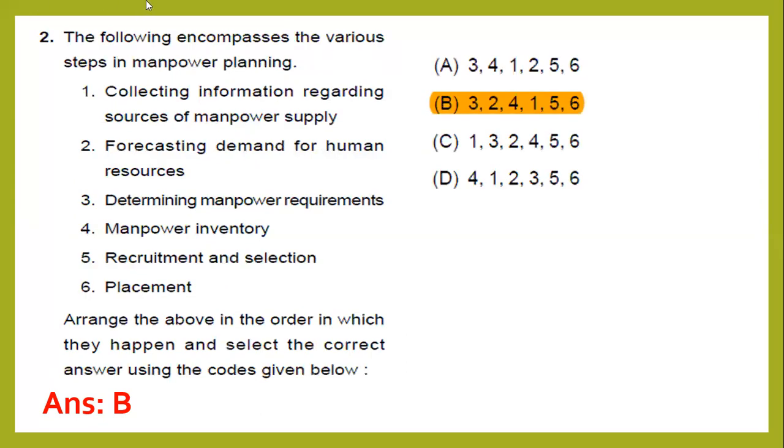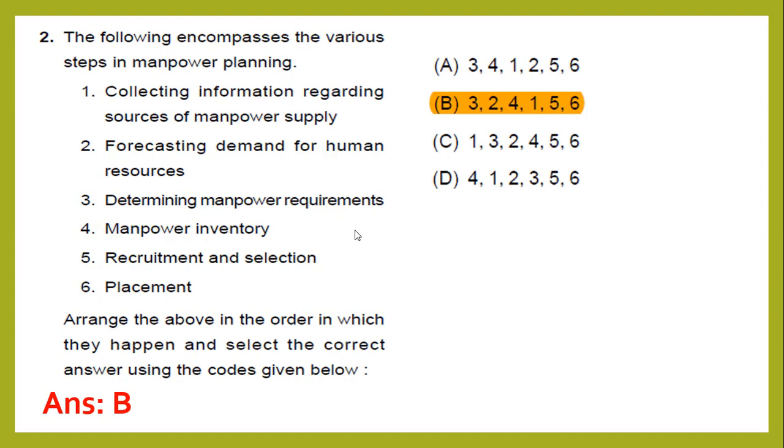Second question: the following encompasses the various steps in manpower planning. Arrange the above in the order in which they happen and select the correct answer using the codes given below. So the correct option is 3, 2, 4, 1, 5, 6. That is option B you have to select. So let us see the order.